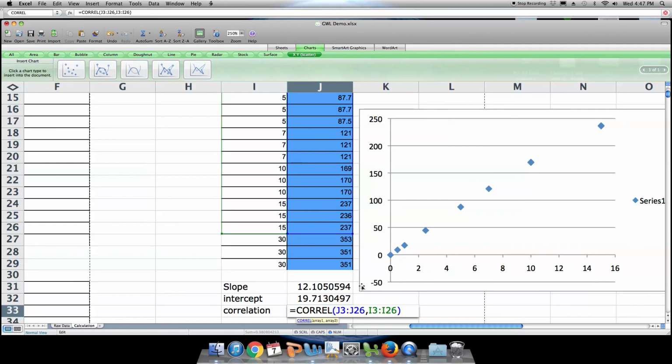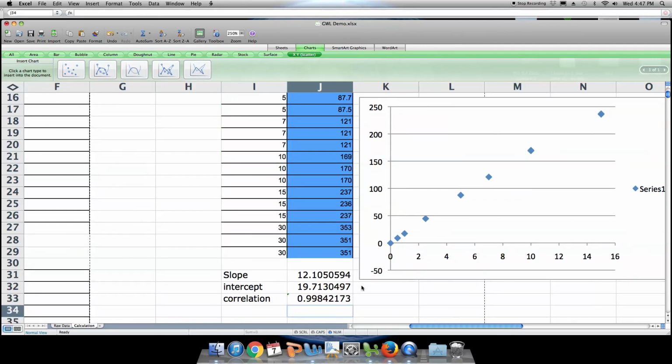And we notice right away that the correlation goes up to 99.8. Not bad. I wonder if we could remove the 15 from our correlation as well. Let's have a look at that, see what happens. 15. Whoa, and it goes up to 99.98%. I think that's pretty good.